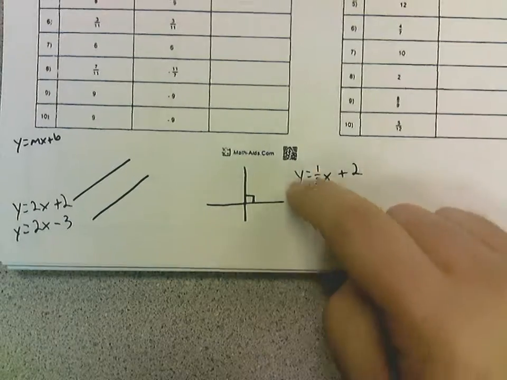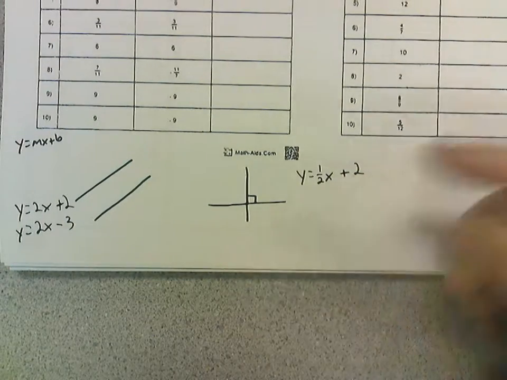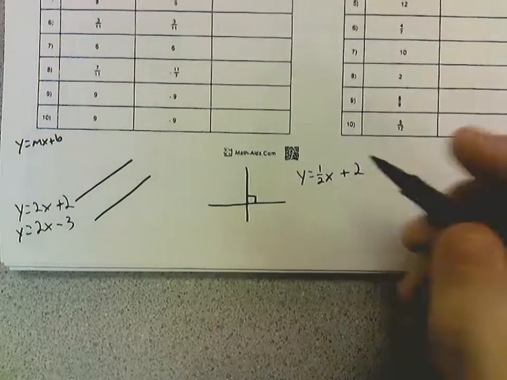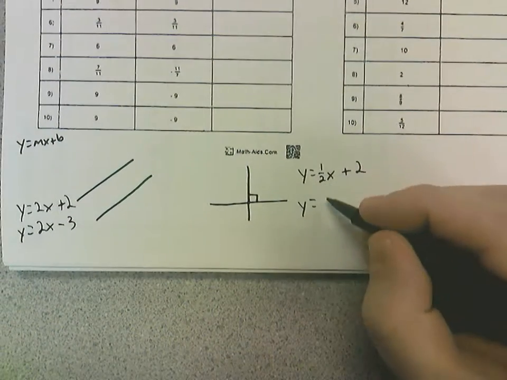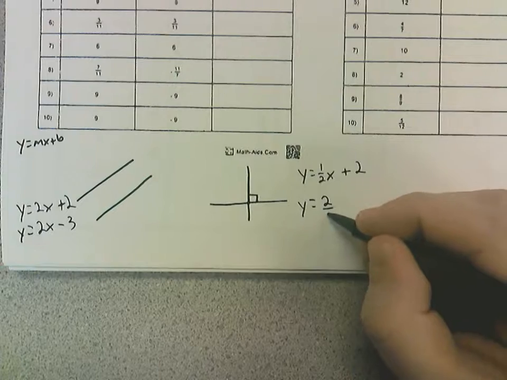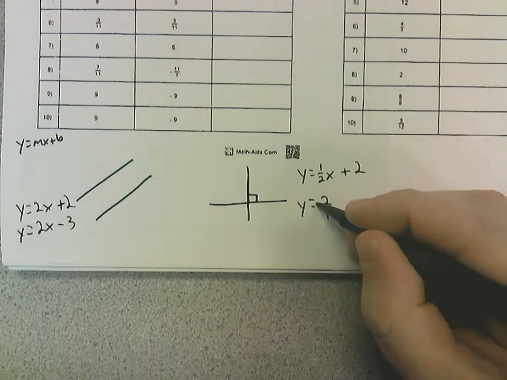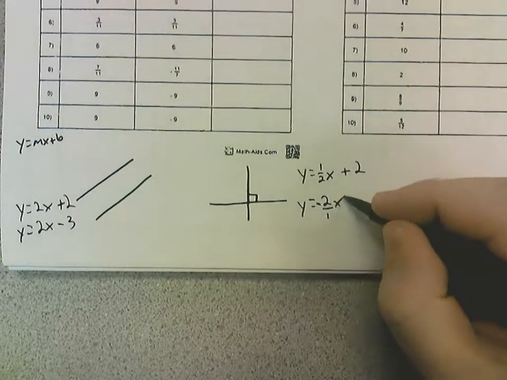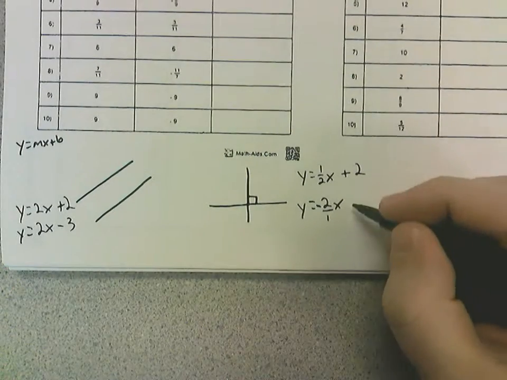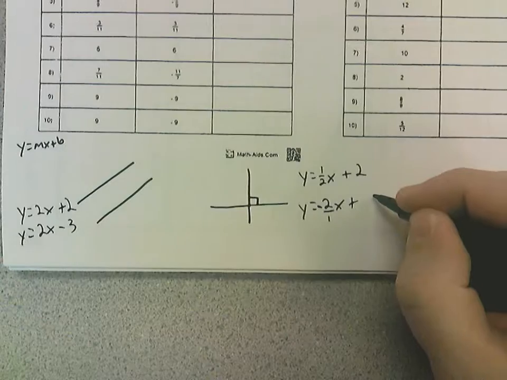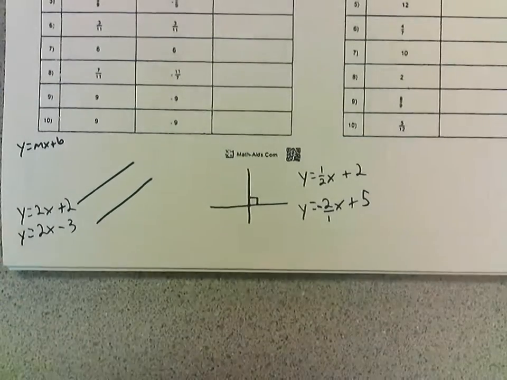So the number on the bottom is going to go on the top, the top goes on the bottom, and then it changes signs. So for example, the perpendicular slope to this equation would become 2 over 1, but they would change signs, so it would become negative 2x, and then the y-intercept doesn't really matter at this point, so it could stay the same or change. I'm going to change it just because I can, so plus 5.